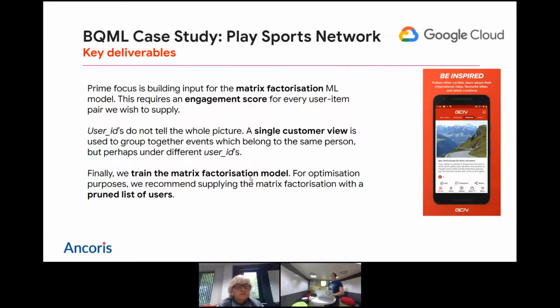Now, one of the things that was quite difficult is, if you remember, I talked about the accuracy of your features. This was an example where we had to come up with an engagement score. For every user and every bit of content, we had to say, how engaged did that user find that content? That's actually quite a hard problem in itself. So we had to do lots of clever analysis of the logs on the app.